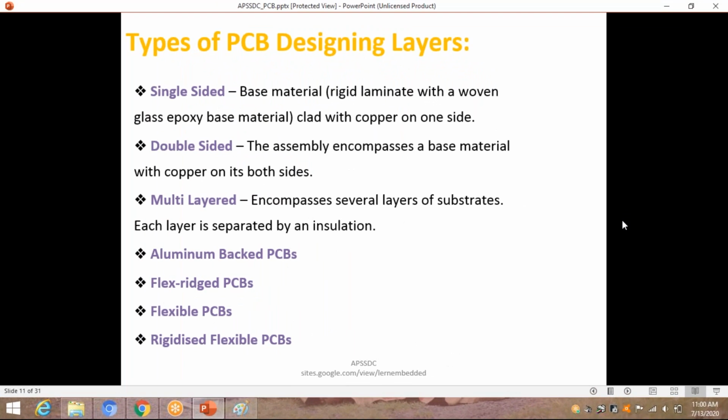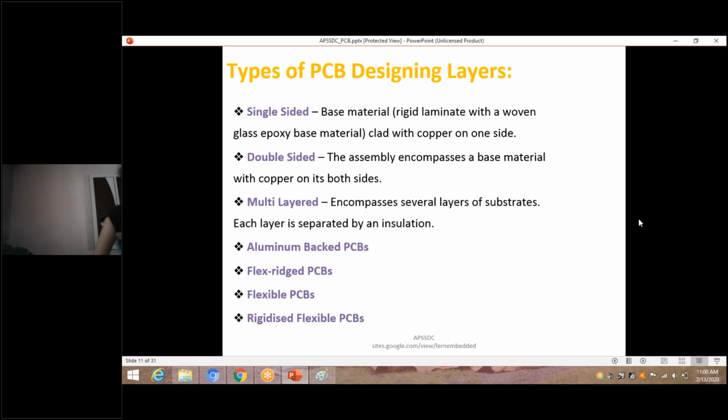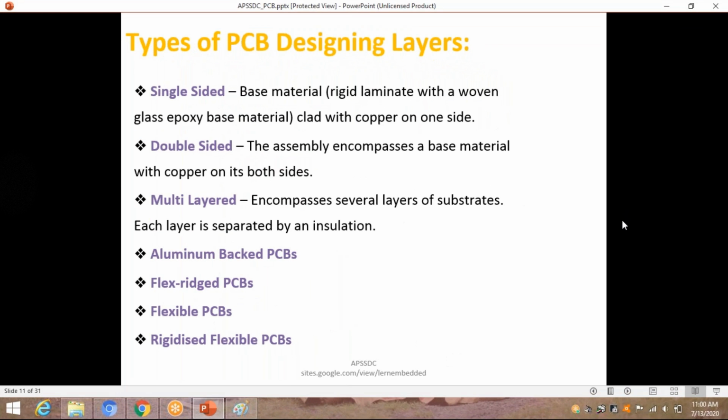Okay, guys, these are the types based on layers. PCB types based on layers. The first one is single-sided PCBs. I think all of you are familiar with the single-sided PCBs. How many of you have opened a TV remote?